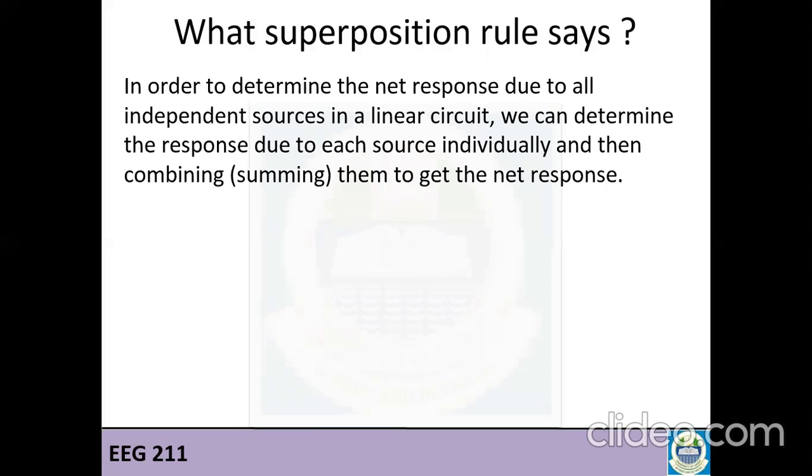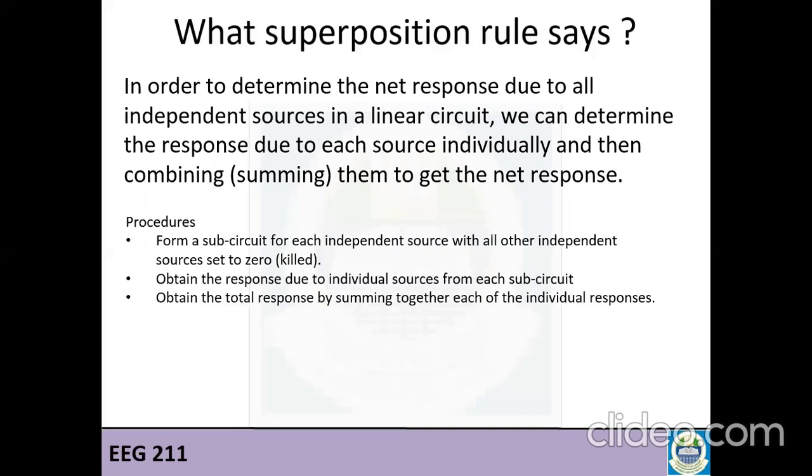So when you have a certain number of independent sources in a linear circuit and you are interested to determine the outputs, maybe the branch current or the node voltage in any part of the circuit, we can simply determine the responses due to each independent source applied alone, and then combine the individual responses to give us the net response.